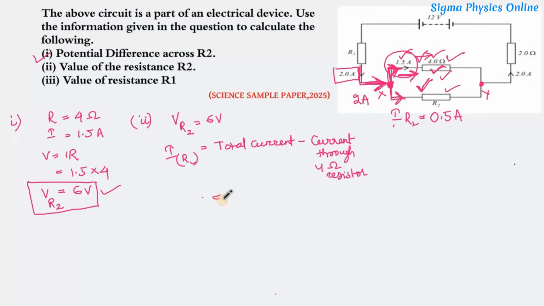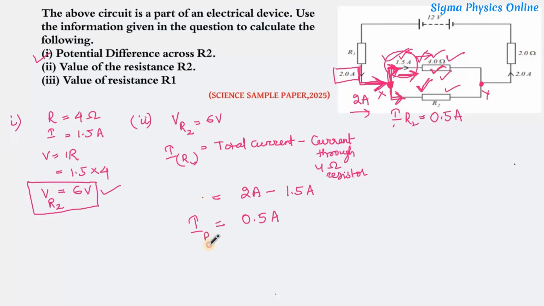So the total current is 2 ampere minus 1.5 ampere, hence the current through the resistance R2 is 0.5 ampere.